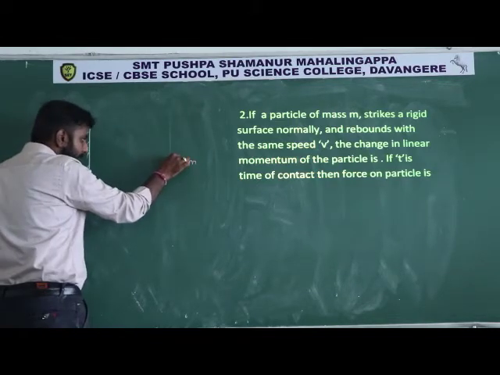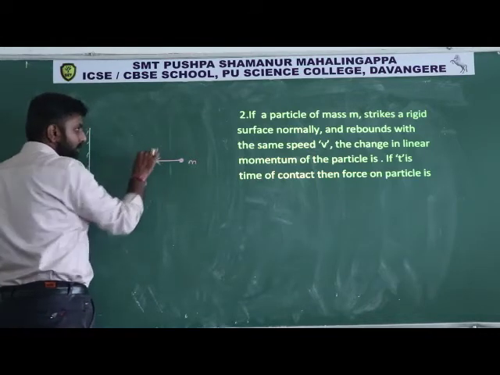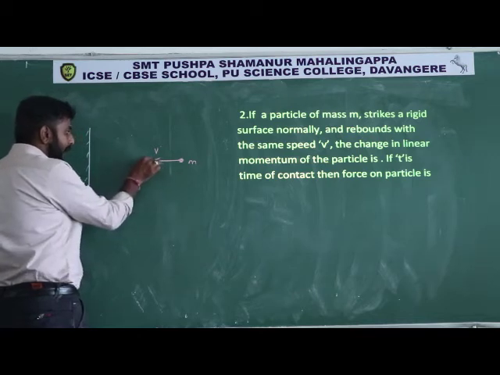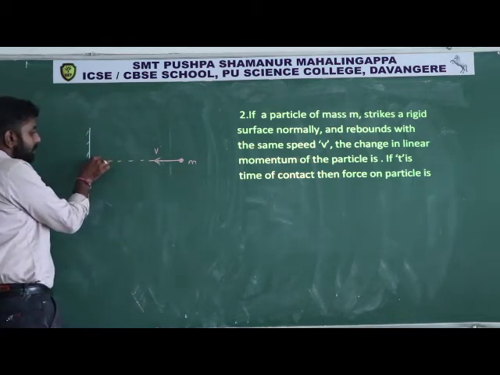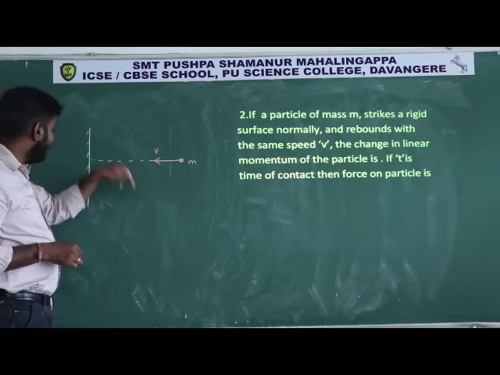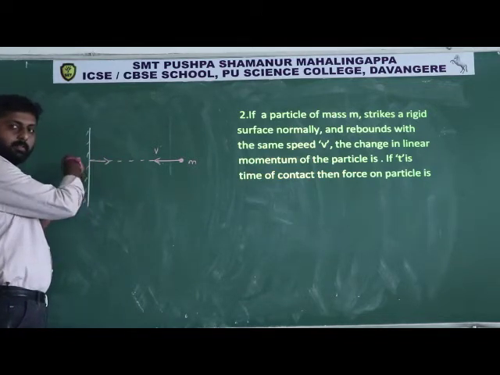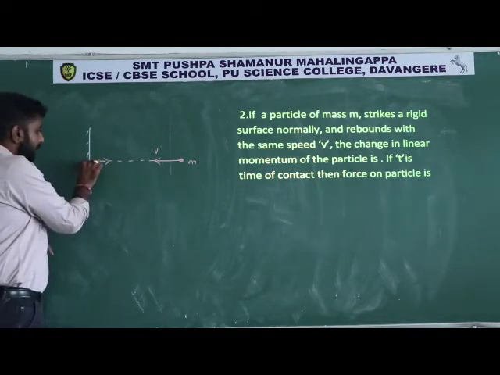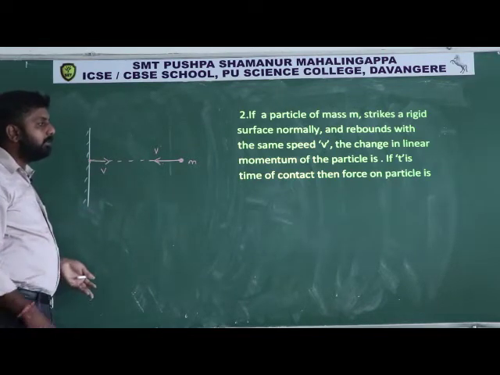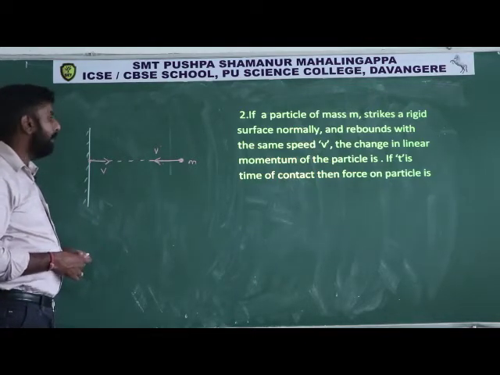It is moving with some initial velocity, that is v. It is moving with this speed v, and this particle collides with this surface. Then it rebounds with the same speed. Okay, rebounds means the velocity direction will change. We have to find the change in momentum and the force acting on the particle.